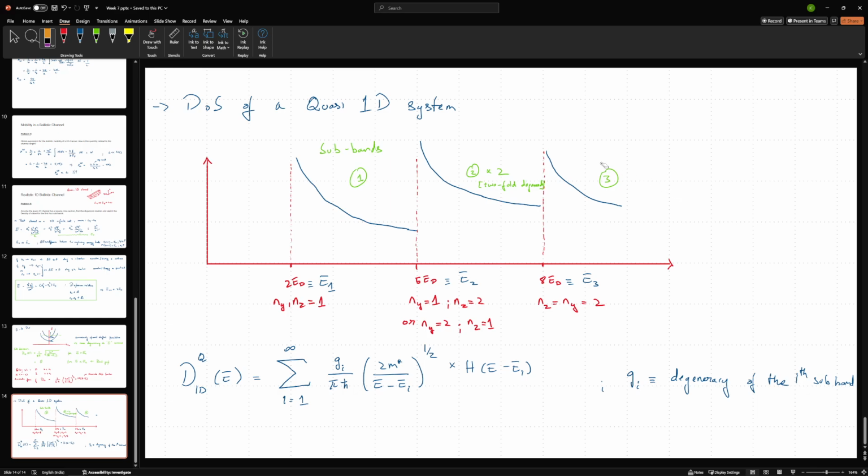I encourage you to plot these things and check for yourselves. So let us say I zoom out of this. I'm not zooming in, I'm zooming out. You know what this will look like? This will essentially look something like this. It's going to be, and then it'll again shoot up, essentially be like this.